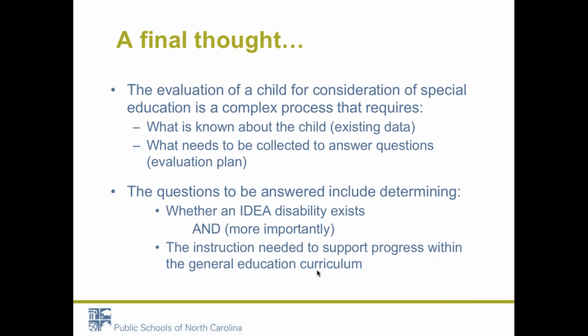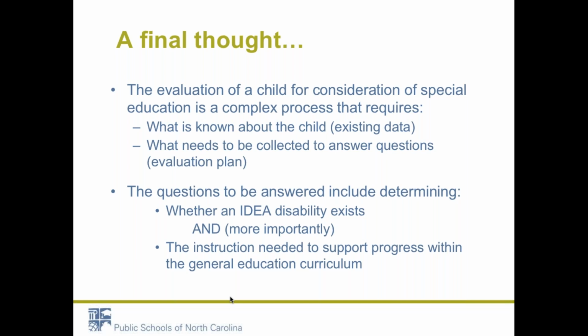So we need to move forward and know what we have and what we know about that child, and that ensures a comprehensive, clearly written and documented and carefully considered review of the existing data. And then from there, what do we need to better inform our decisions about special education eligibility and instructional planning for that student?